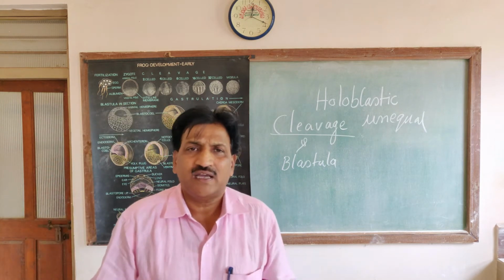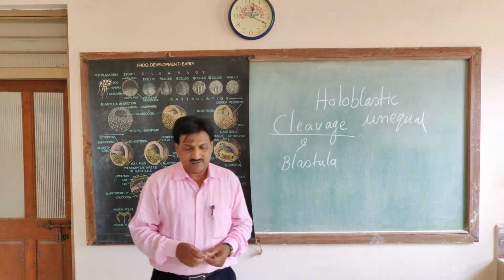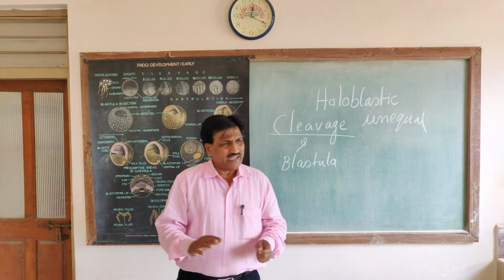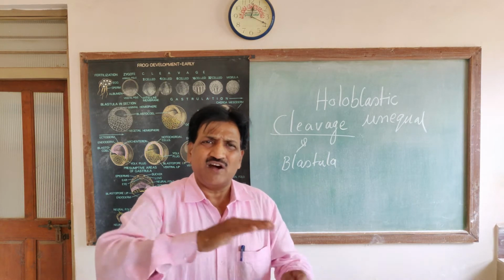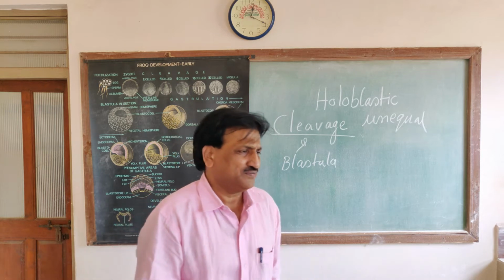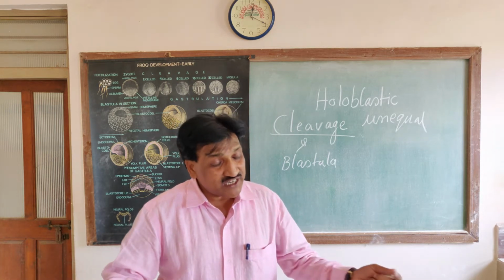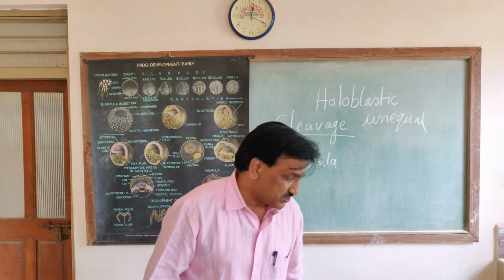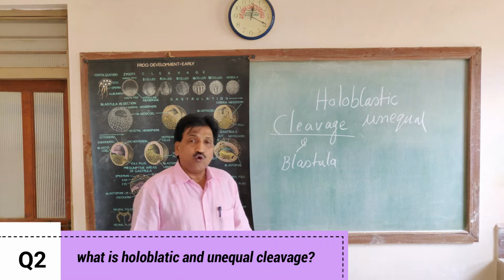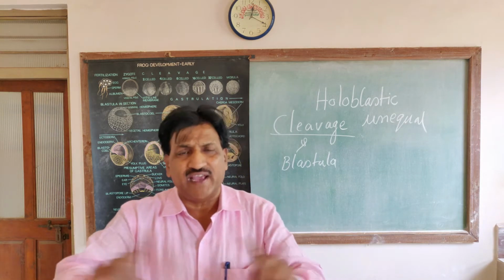You know the pattern or types of cleavage. There are two types of cleavage based on the amount and distribution of yolk. One is called holoblastic and the second one is called meroblastic. Holoblastic means the total division of the egg.